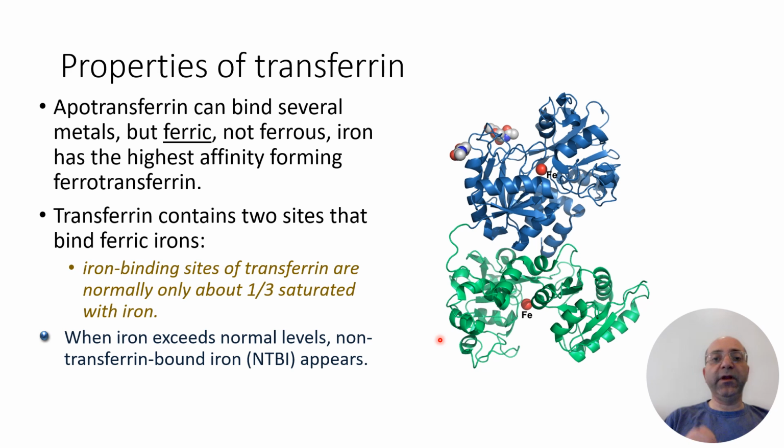Having free iron is bad. It's bad to tissues, it's toxic, and we'll talk about that almost at the end, in the last third of the lecture. When there is a high level of iron in the body, this results in non-transferrin bound iron, meaning iron that is bound to other proteins instead of transferrin.